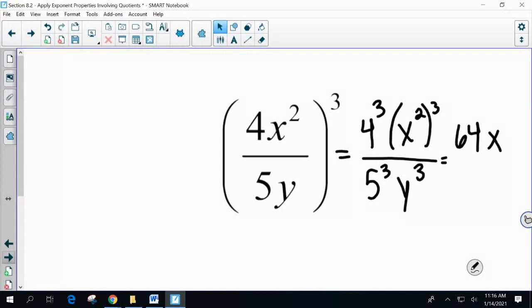And then I have to use power to a power and take 2 times 3 to get x to the 6th. Over, and then calculate 5 to the third, which is 125, and then I would have y to the third. Then you would want to check and make sure, does 64 over 125 simplify? And if it could simplify, you need to simplify it.